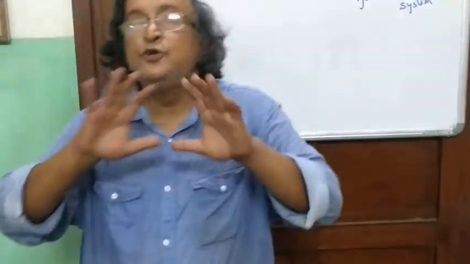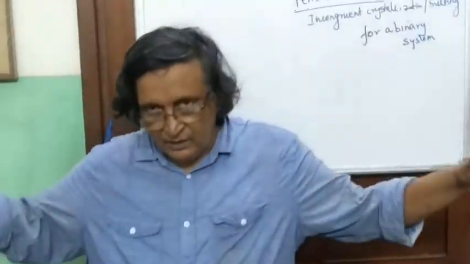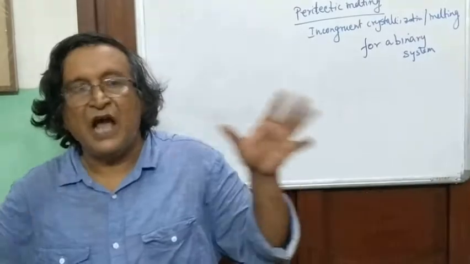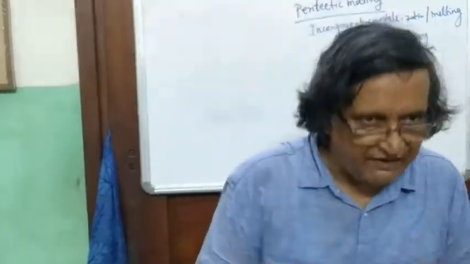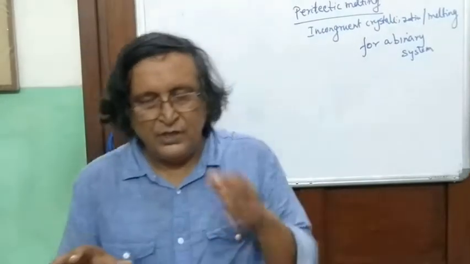Page 97 to page 101. Any of this book will do. You do not have to study further than that. But I want you to study it and understand it by yourself. There is nothing for it that you will not understand.